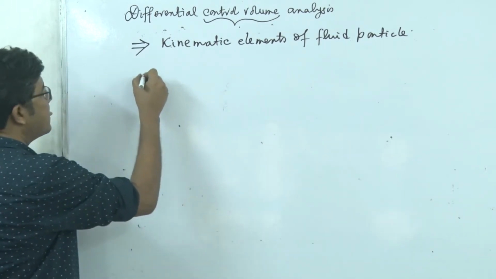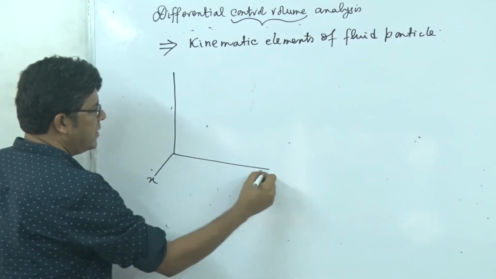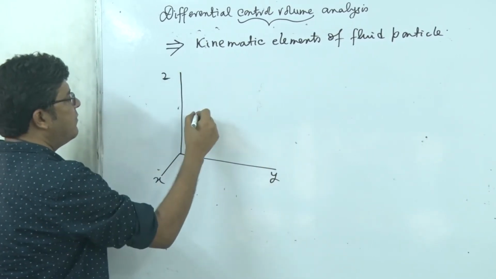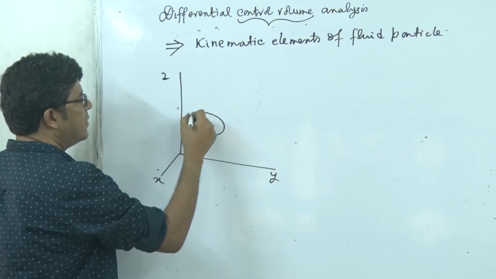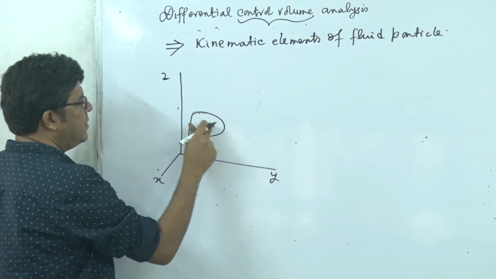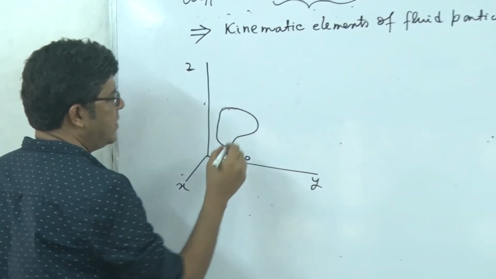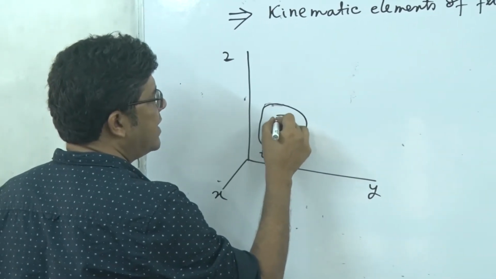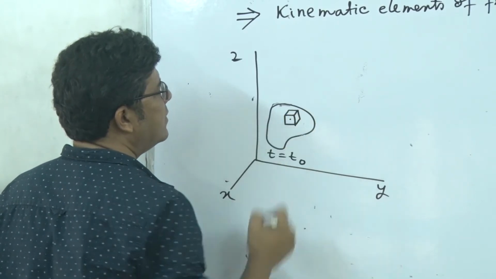So you see that in this Cartesian coordinate system x, y, z, if I think of a fluid like this, and this is the system at t equal to t0, and here we consider a differential control volume like this.